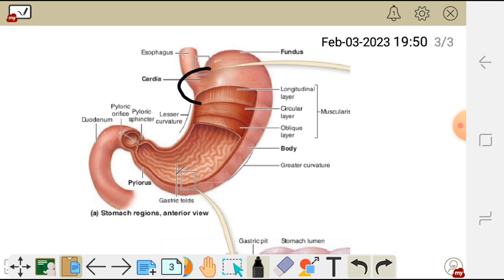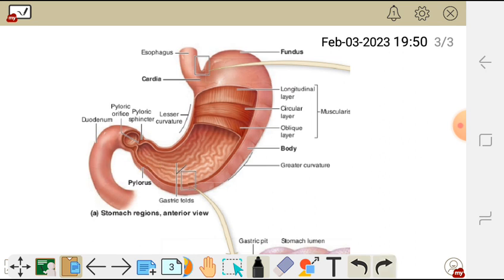The cardia is simply this region here. And then from there we have the body. The body is much larger. Then from there we have the pylorus, which is simply a cone-like structure at the end which joins to the duodenum. Those are the four major regions of the stomach: the fundus, the cardia, the body, and the pylorus.